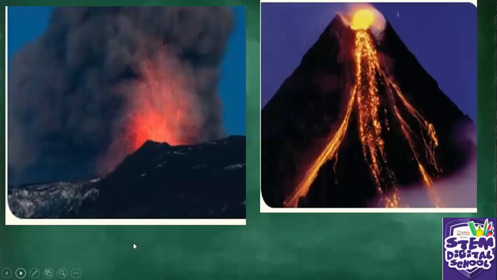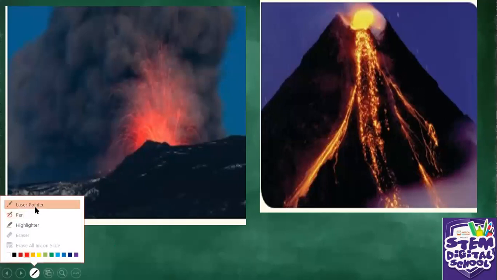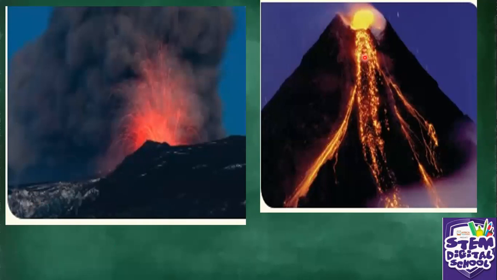Let's learn more. Here you can see two pictures of volcanoes. What is this red yellow thing that's coming out? What is it called? That is coming out of a volcano. This part. What is it called? Lava.